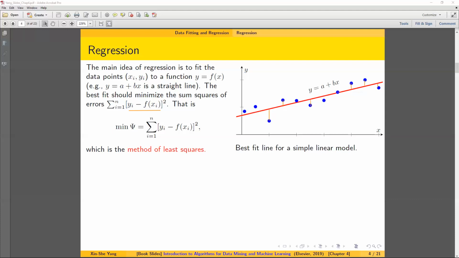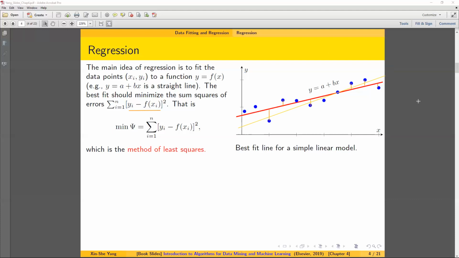Again, if you think about it, if I have a separate line, which is shown here as a yellow line, that's potentially another estimation of our function.